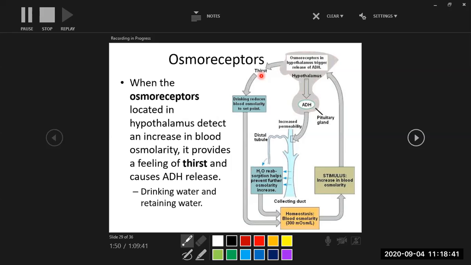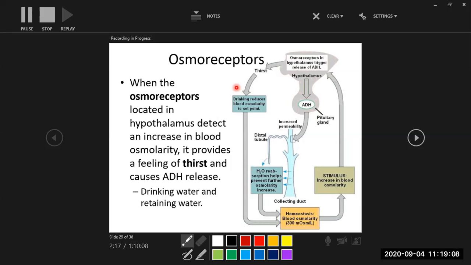But a lot of the time we go to a store, we feel thirsty, and we buy juice, we buy beer, we buy coffee, right? We buy something that's not pure water, and then we drink it. And actually those are not pure water. They are not going to dilute our blood.